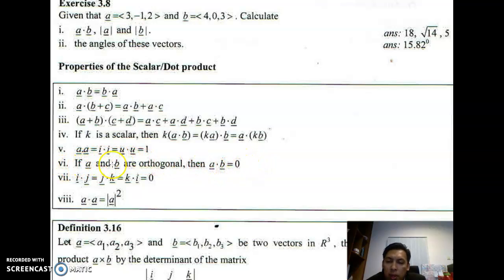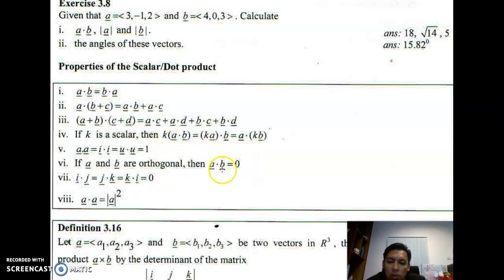If A dot B is equal to 0, we can say that the locations of A and B are orthogonal, in other words, 90 degrees.